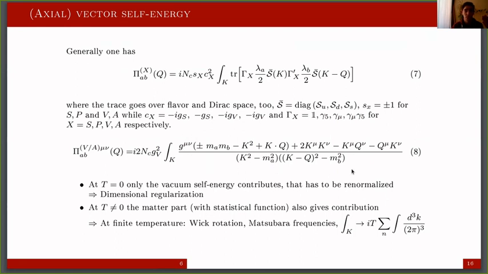I don't want to go into the details. We can solve this. It is still at non-vanishing external momentum. At T equals 0, so in vacuum, we get a vacuum self-energy contribution. This will need renormalization, for which we use dimensional renormalization. And if we go to finite temperature, we will get the matter parts too. I call matter part the part that contains statistical functions. And at finite temperature, we use the usual techniques.